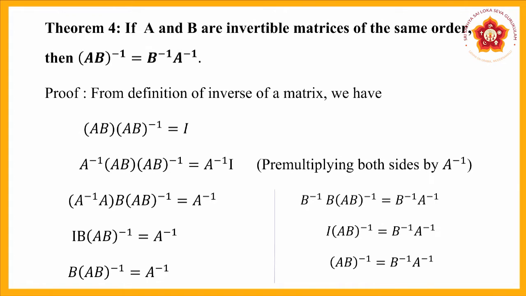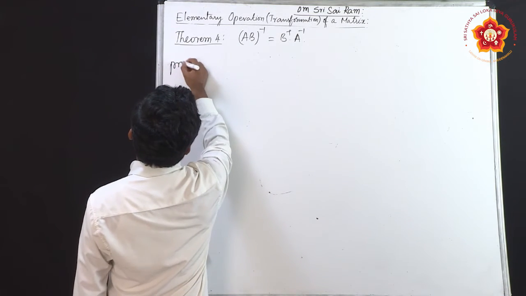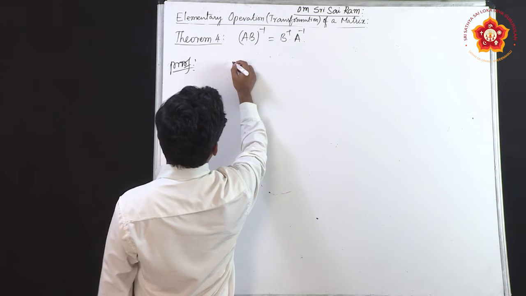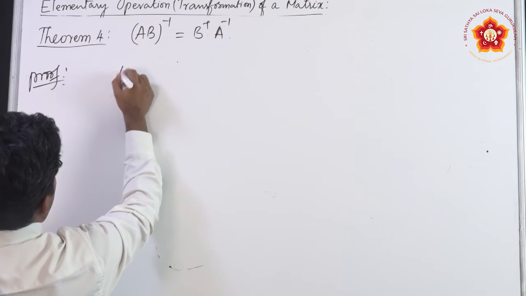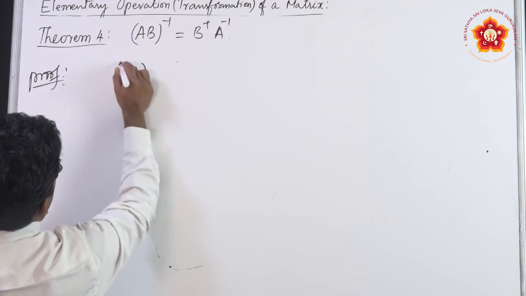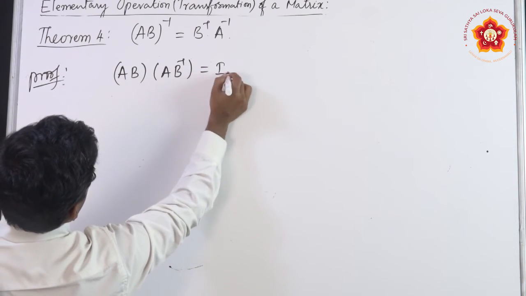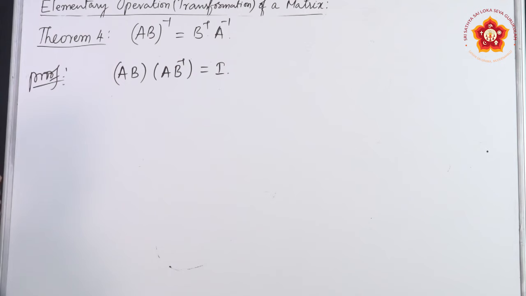In the statement itself they have given that A and B are invertible matrices. By the definition of the invertible matrix, I can write AB into AB inverse is equal to I. This is the definition of inverse matrix.